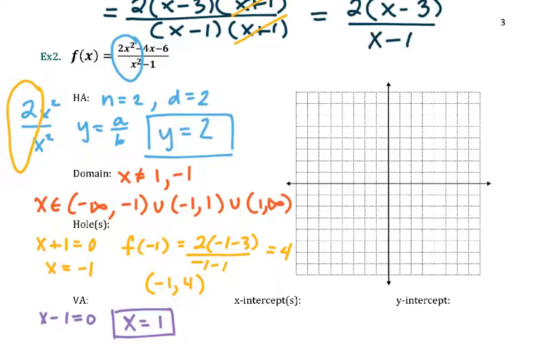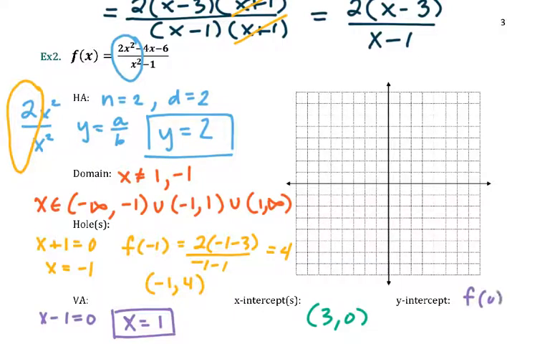All right? The x-intercept, we've been doing those all semester, but that comes from setting the function equal to 0. We can go back to our reduced version. I'm going to see that 3 is where my x-intercept is going to occur. So I'm going to have an x-intercept of 3, 0, and my y-intercept is going to occur by plugging 0 into the function.